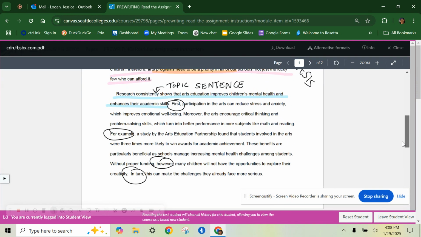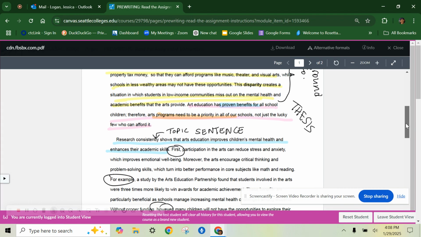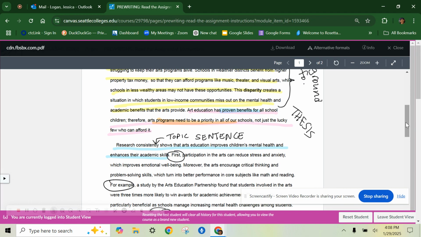You don't need to highlight, but you do need to make a good connection. It's as if this is our map, where we're going, and these topic sentences are the different house addresses in our journey, if I want to use that analogy.